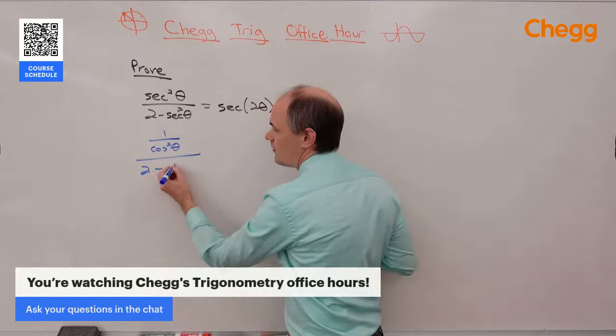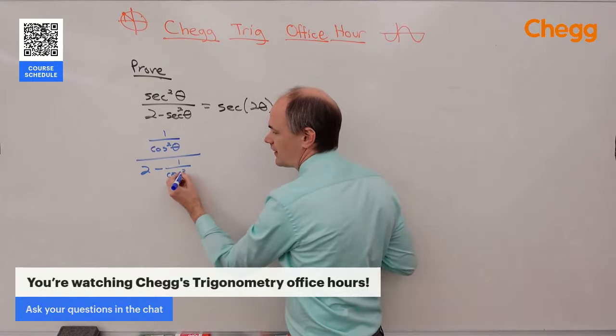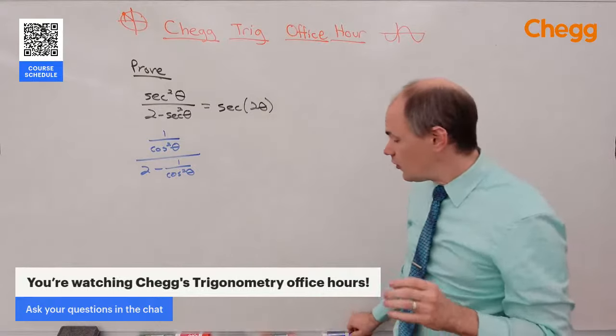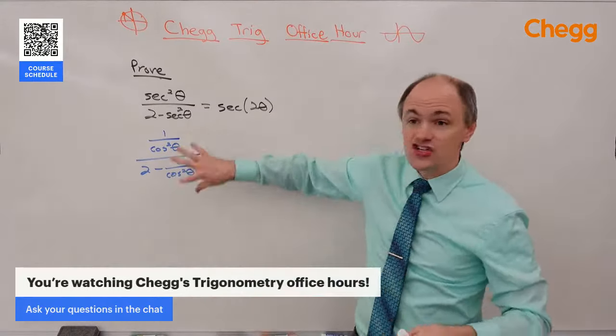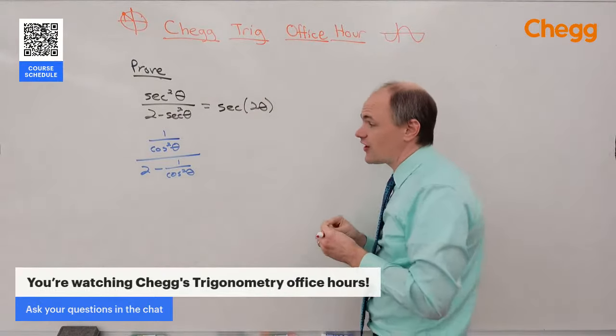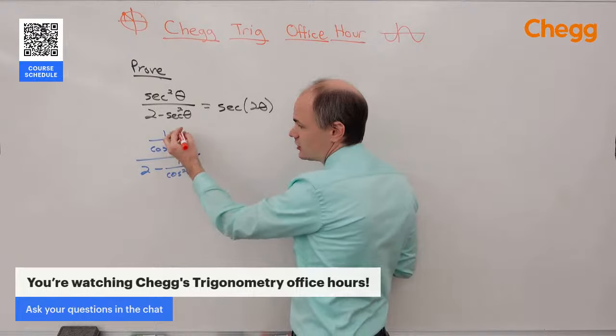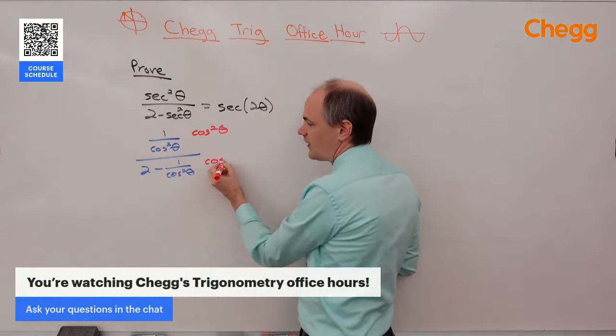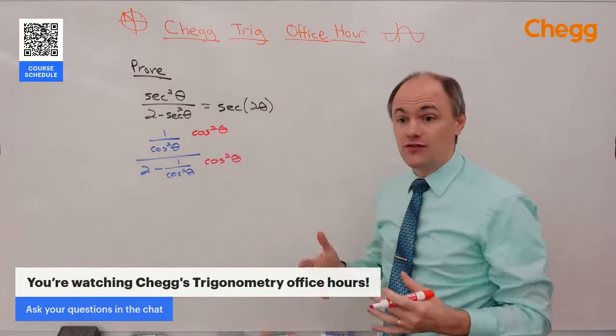And so we've got 2 minus 1 over cosine squared as well. Now, when you do this trick, almost always you're going to end up with these little fractions inside of a bigger fraction. And so our strategy to get rid of those little fractions is we're going to multiply every term by that least common denominator of cosine squared on top and bottom of the fraction.